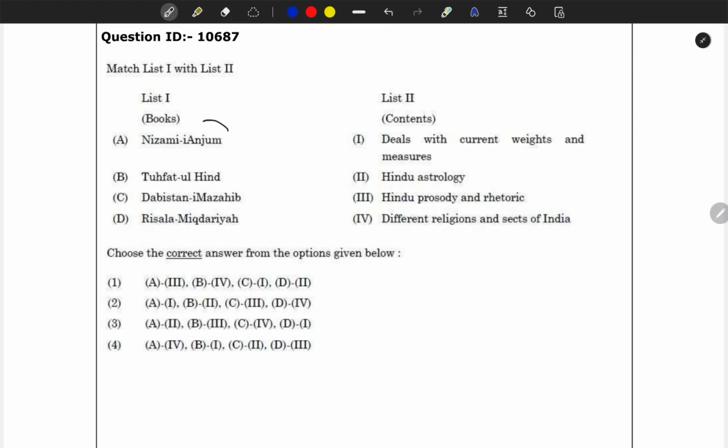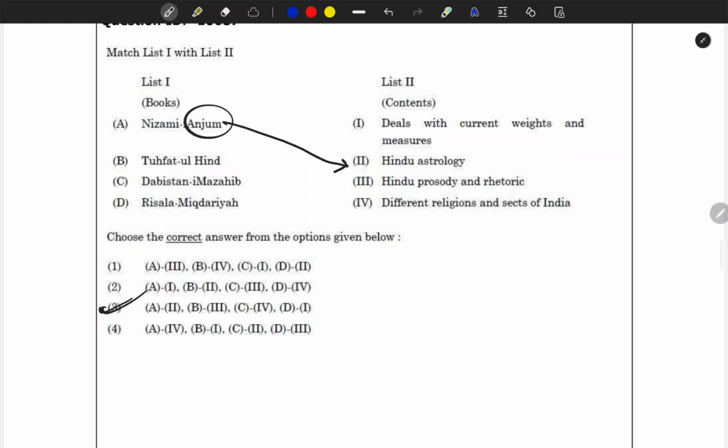Anjum actually means constellation or a star. See, deals with current weights and measures, Hindu astrology. Astrology is something related with stars. Hindu prodigy and rhetoric, different religions and sects of India. So these could not be there. If I do the word breakdown, I'll be easily able to do this question, and option 3 is correct.